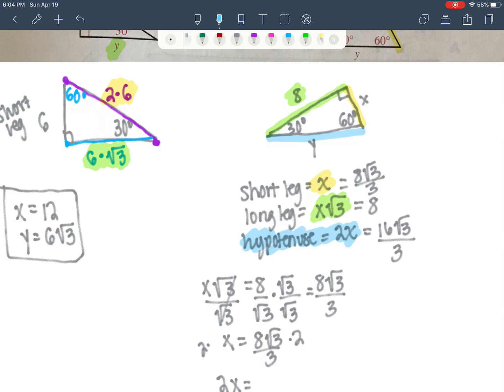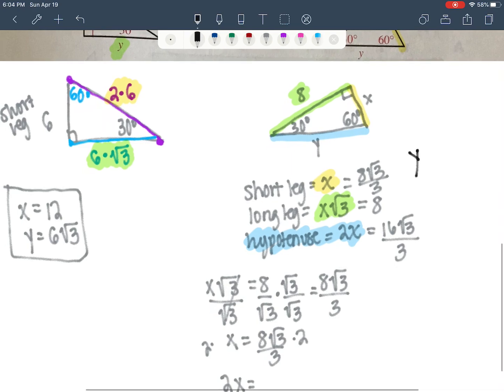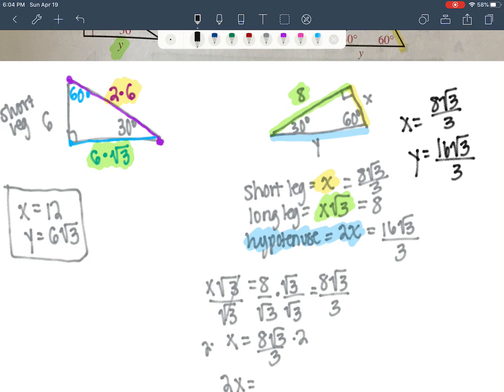So y is equal to 16 times the square root of 3 over 3, and x is equal to 8 times the square root of 3 over 3.